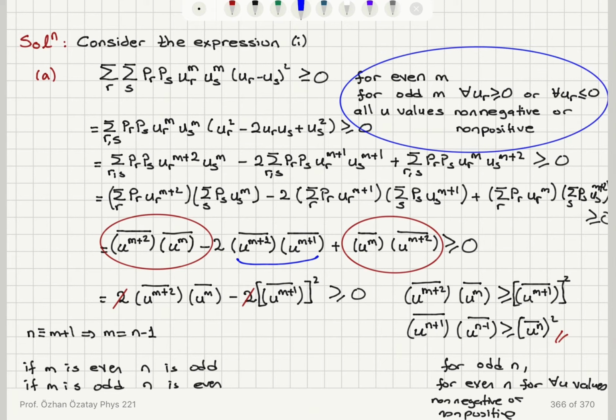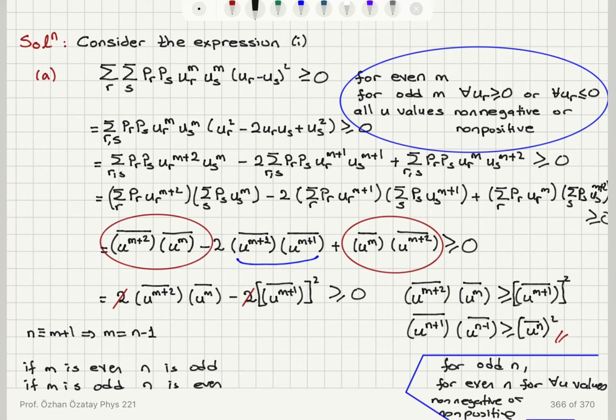So what I obtain is that the inequality is correct for all odd n values, and it is correct for even n values when the u values are all positive or all negative.